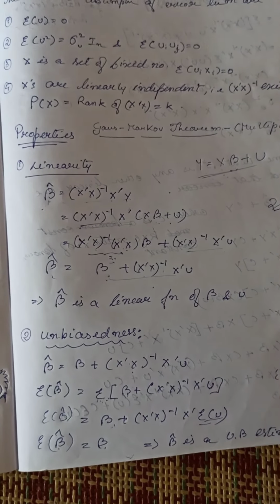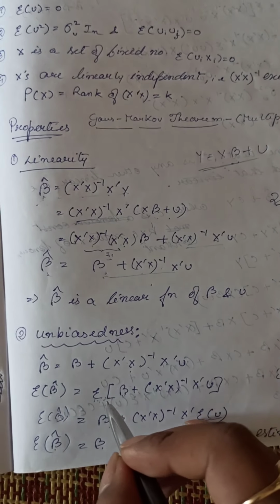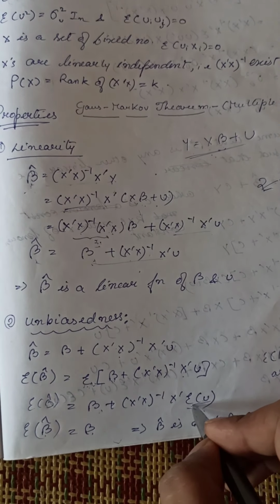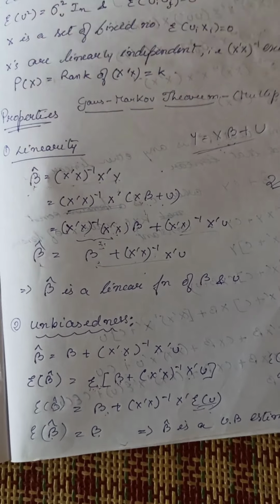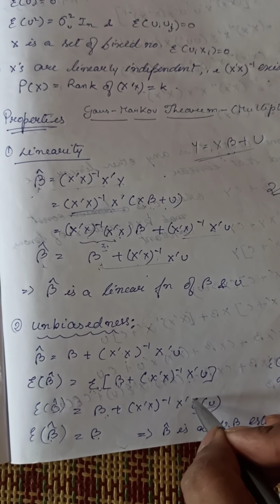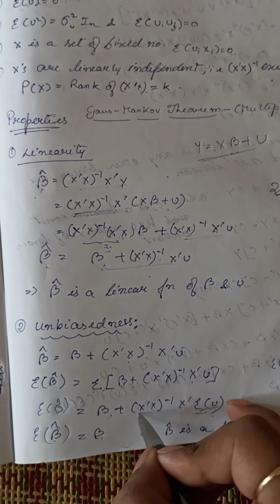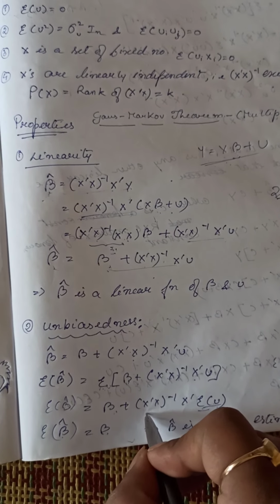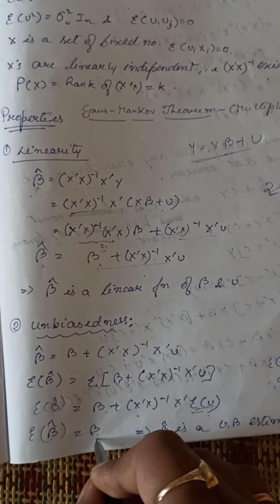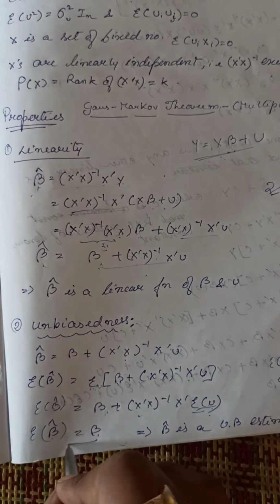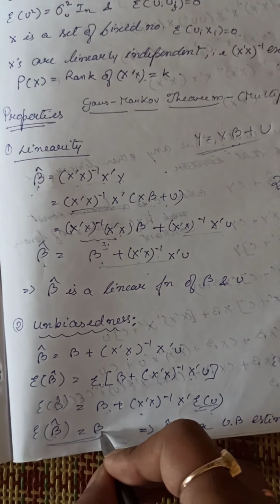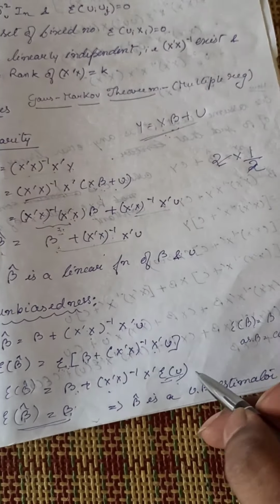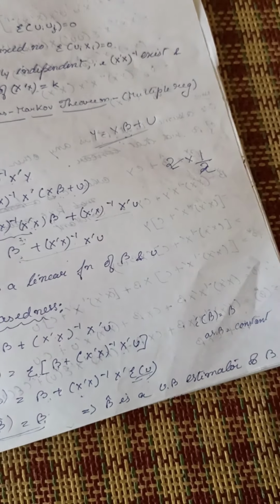Similarly, expectation will get distributed over this term, and we know that the expectation of the error term is 0. So this term becomes 0 and vanishes, and we are left with beta. When this condition exists, we can say that beta cap is an unbiased estimator of beta. It is written over here: beta cap is an unbiased estimator of beta.